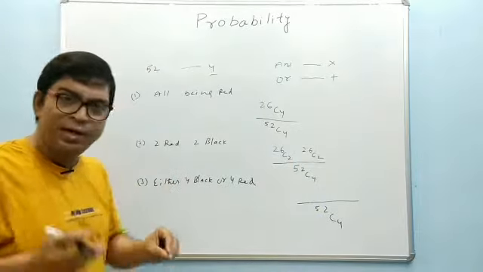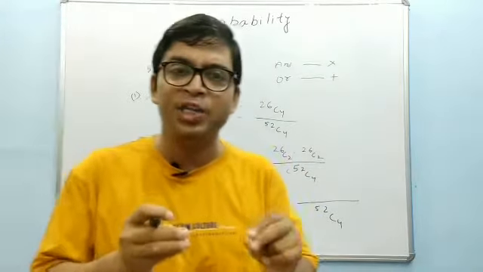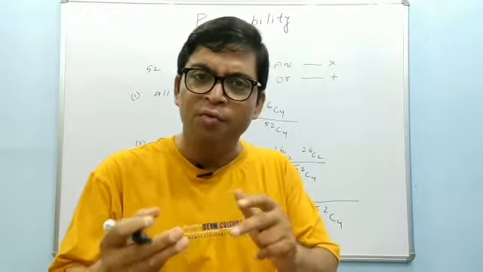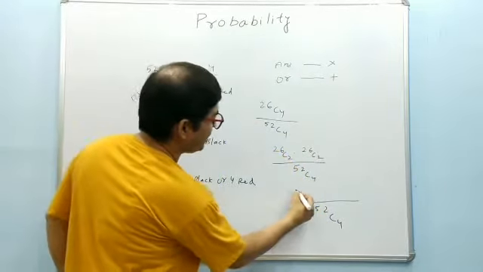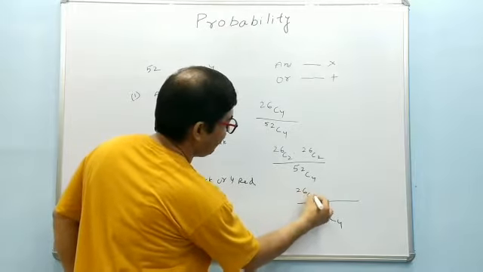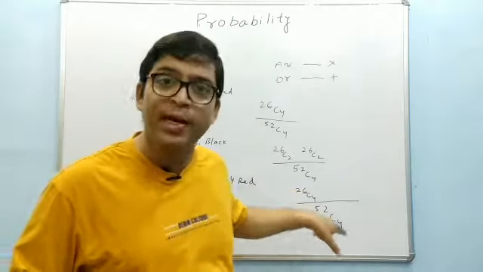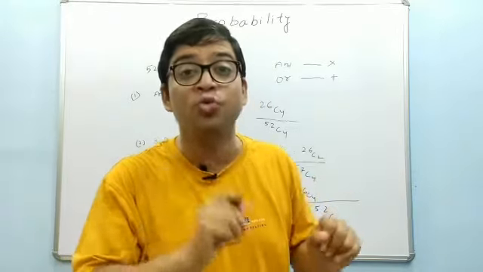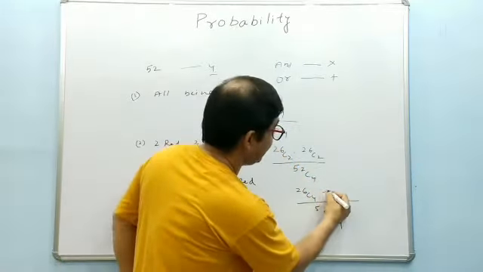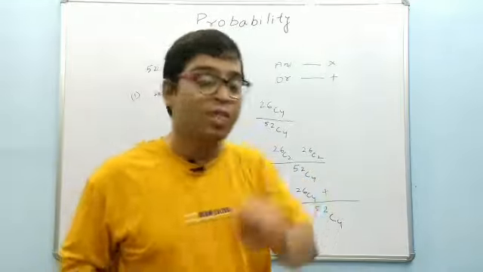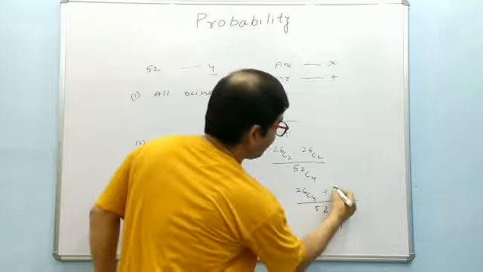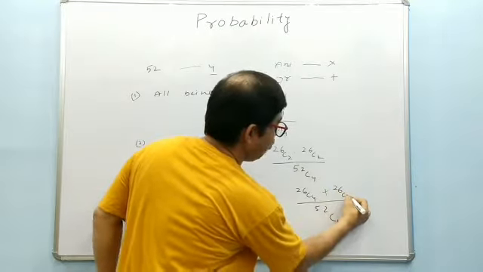Either 4 blacks, if we translate that in English, we write "or" 4 reds. 4 blacks means 26C4. The work is complete. The 4 cards have been selected. So no into, plus, either this way or that way. And 4 red cards can be selected in 26C4.